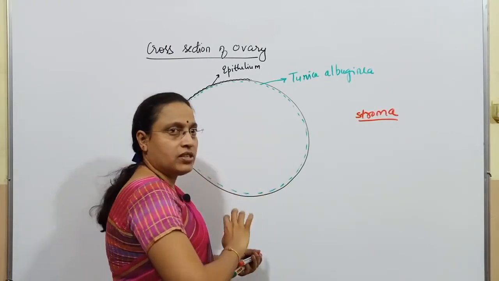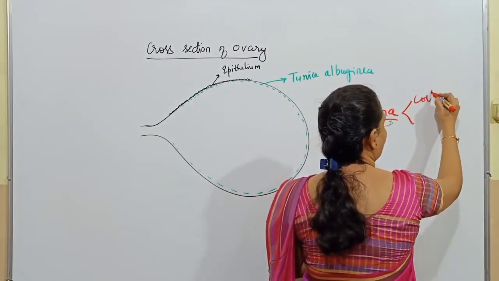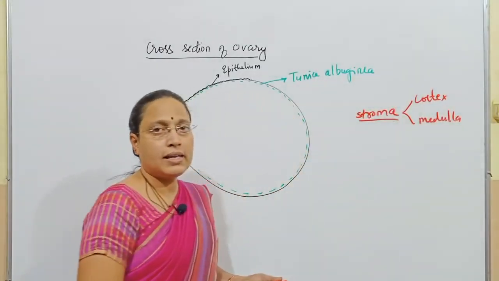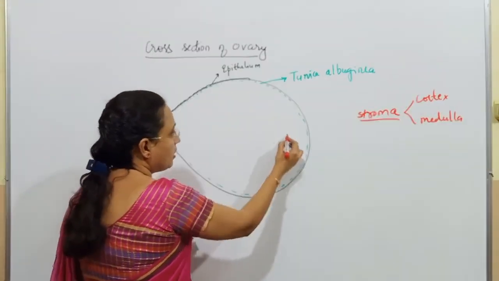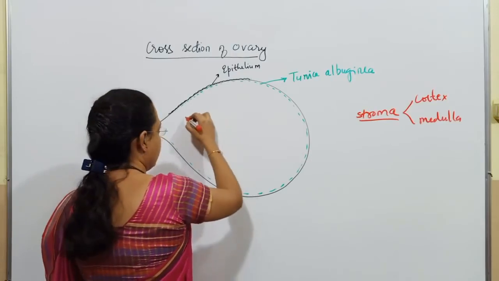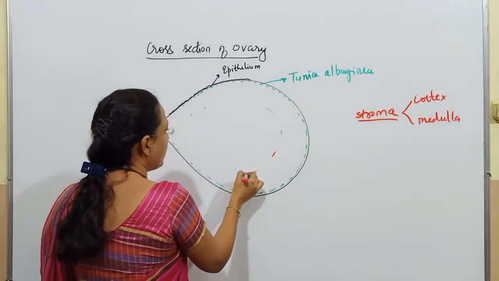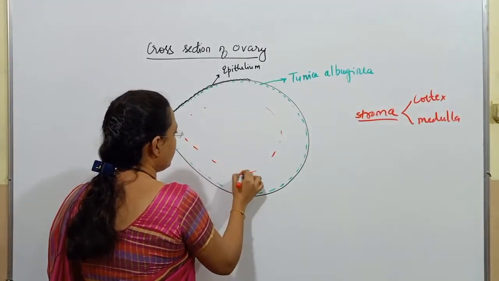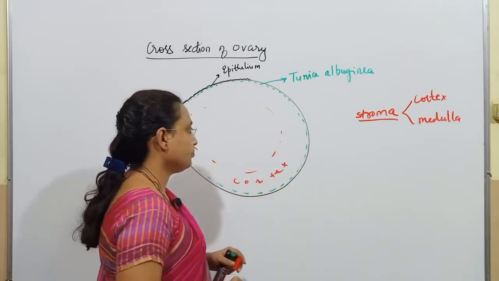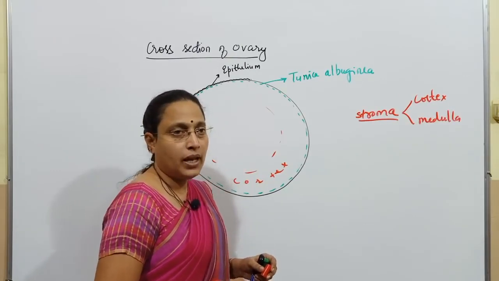Now the stroma has two divisions, the cortex and the medulla. The cortex is located in the peripheral or outer part of the ovary, the outer cortex, and the central part will be the medulla.